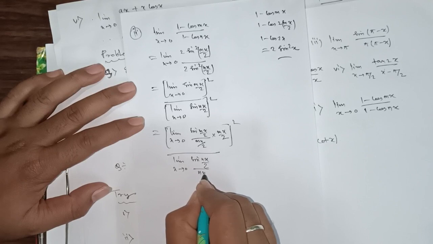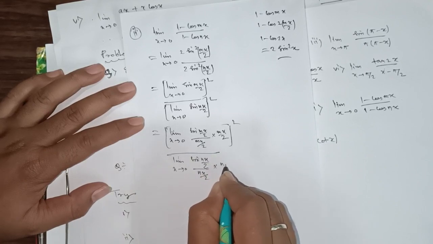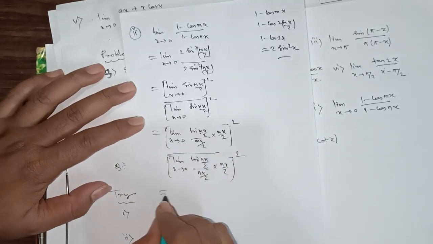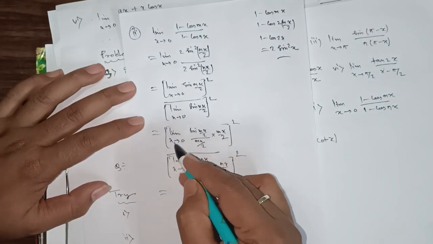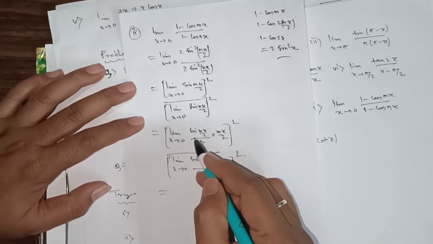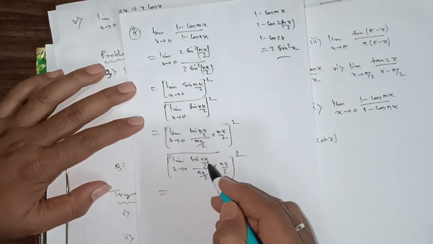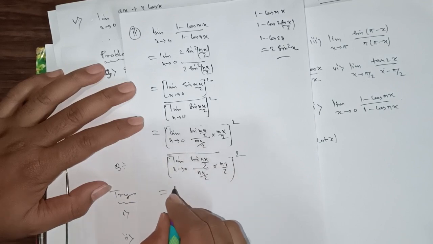So we'll divide by nx by 2 and multiply by nx by 2, the whole square. Now this part gives us 1 and this gives us 1. How could you say this? We'll break it now.